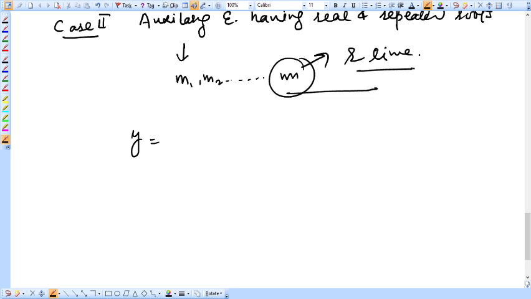Firstly, I'm going to write this repeated root. For this, you write c1 e raised to power mx plus, since it is repeating itself r times, c2 x e raised to power mx. We are going to multiply this by x.